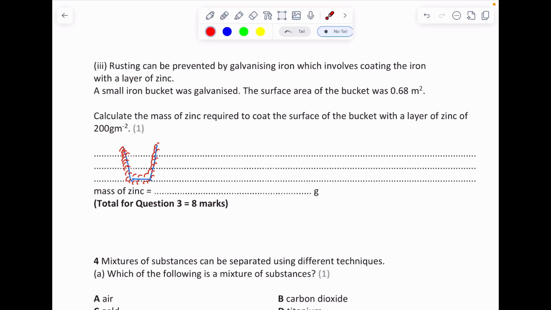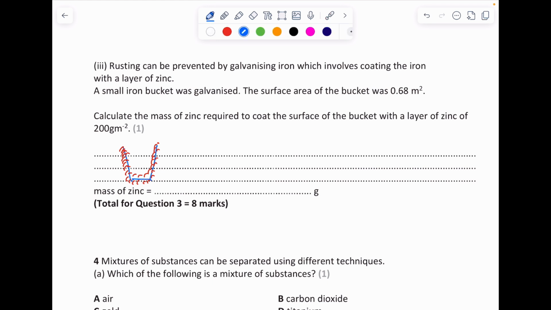So in this question here, we're looking at the ability to protect iron by galvanizing it with zinc. And we've got this bucket, there's the blue bit, and it's covered in zinc, and we want to get a layer of zinc that is 200 grams per meter squared.